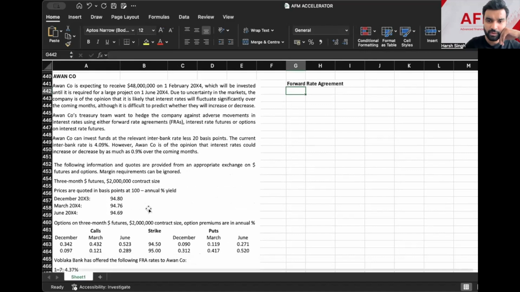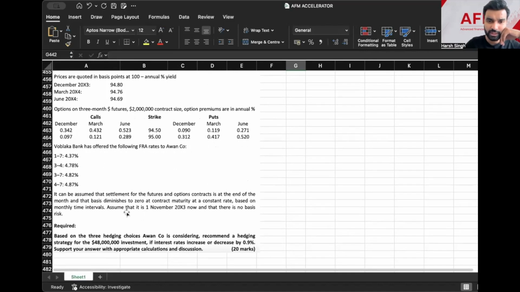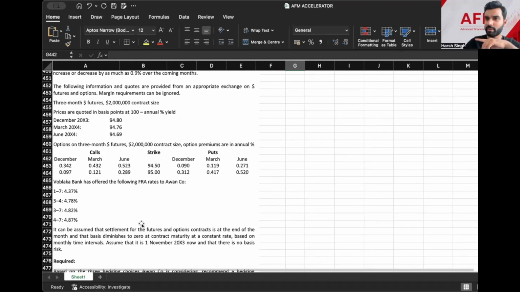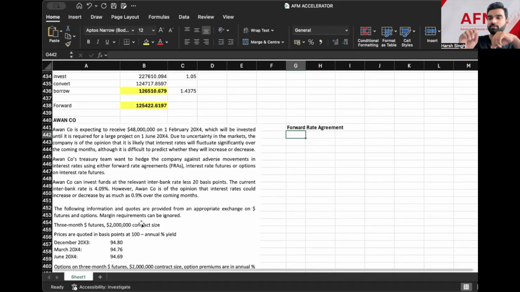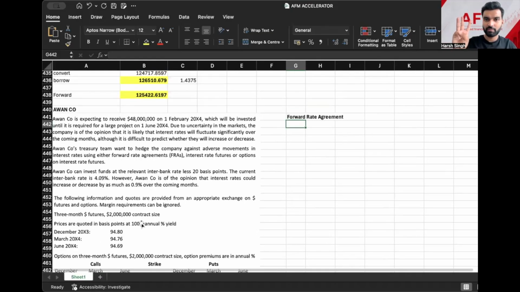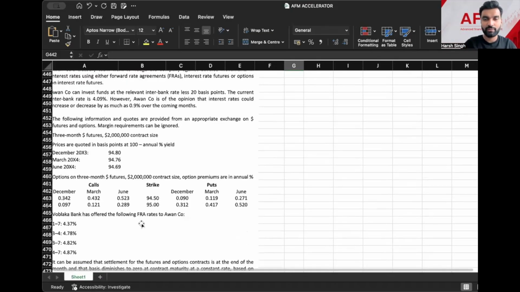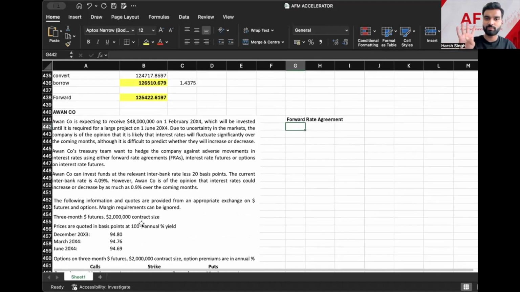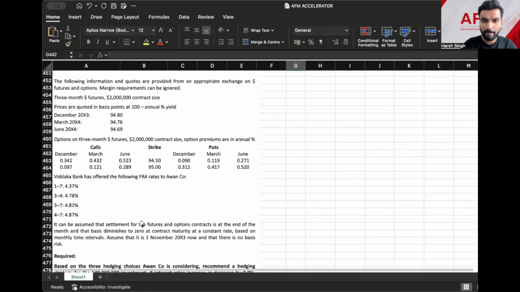Right. Now we have to consider what is the date. Assume that it is 1st November 20x3 and there is no basis risk involved. Okay, but it is November. So we are going to invest after how many months? Complete November, complete December, complete January. We are investing on Feb first, right?